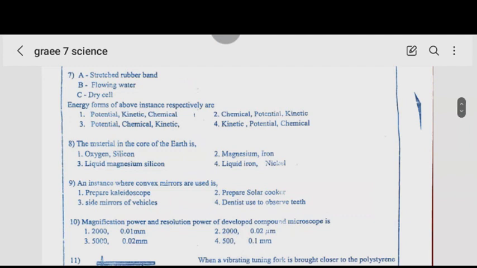Is it chemical? Which one, children? It has potential energy. So we can remove answers number 2 and 4. Now we have to find the answer from 1 and 3.